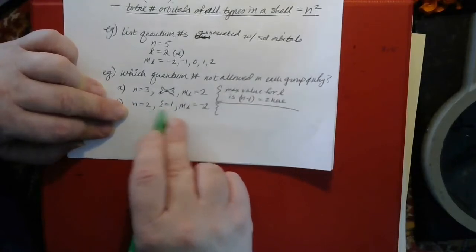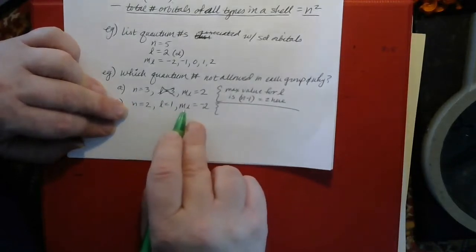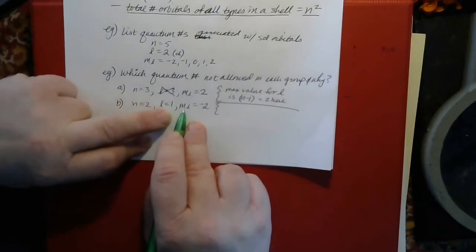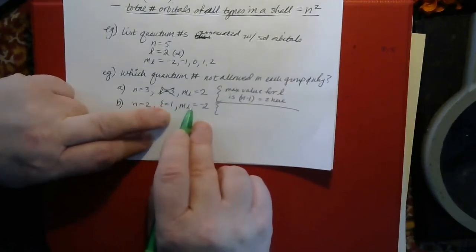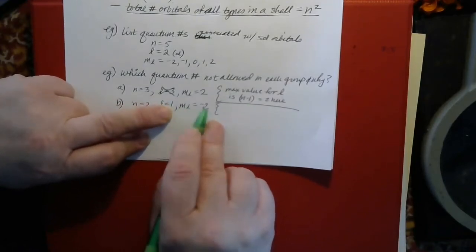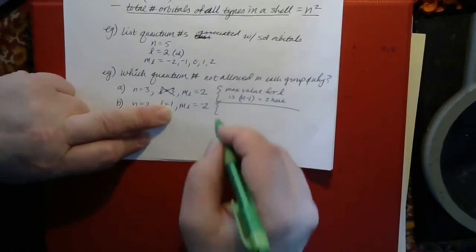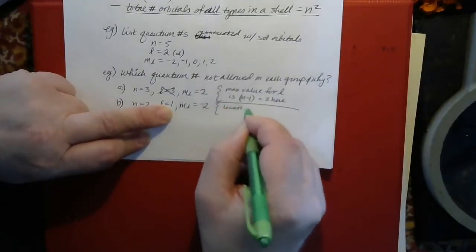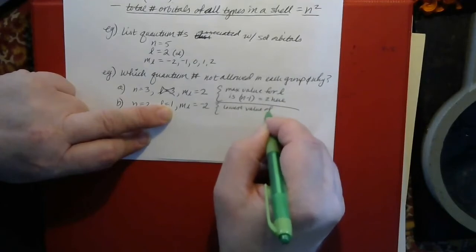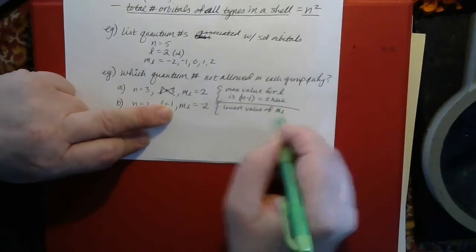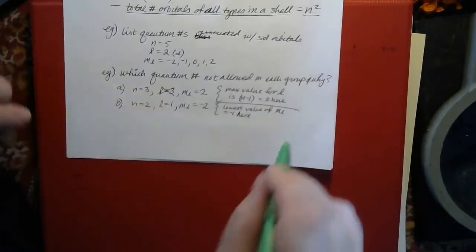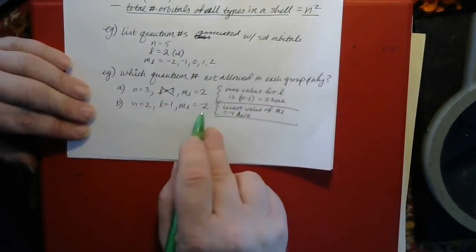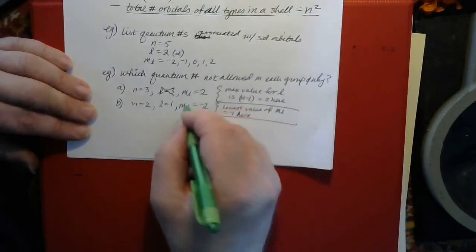Well, 1 is n minus 1, so that's okay. m sub L, though, oh, that's a problem. m sub L can only take values from -L up to positive L. So the lowest possible value for m sub L, if L is 1, would be -1, not -2.